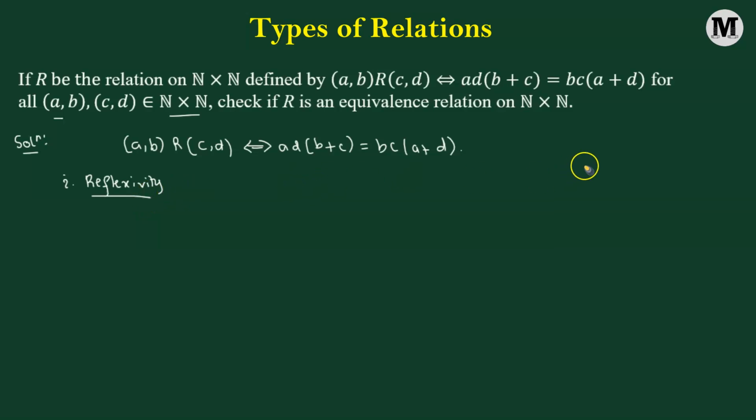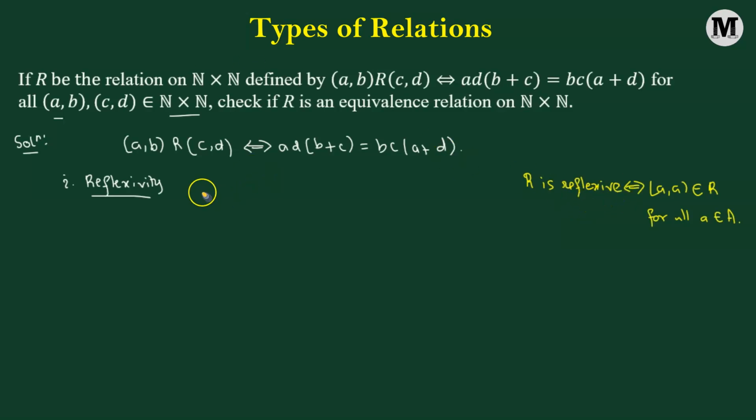A relation R is reflexive if and only if the ordered pair (a, a) belongs to the relation R for all a belonging to the set A, meaning the relation R is defined on the set A.